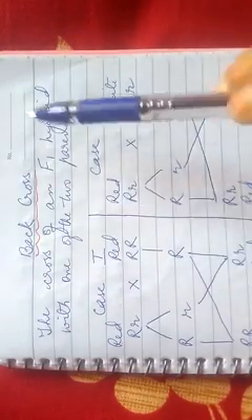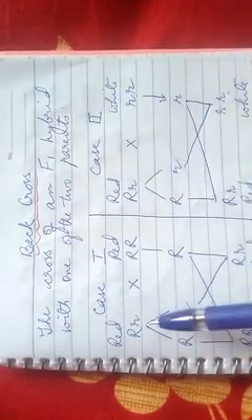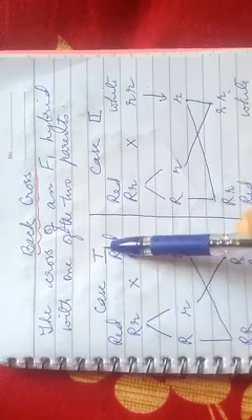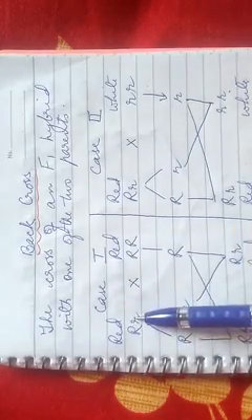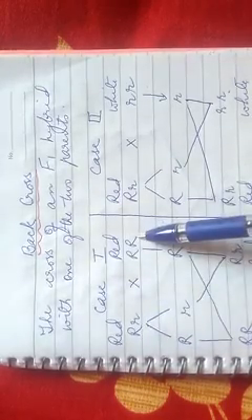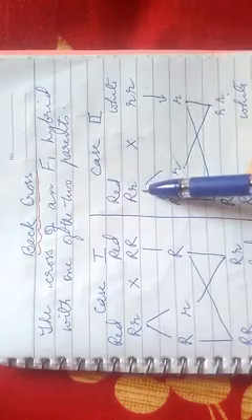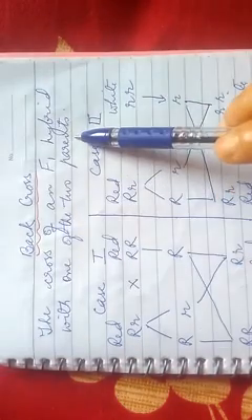Okay, so F1 hybrid means always it is going to be heterozygous. So in case 1 we will cross the F1 hybrid with its dominant parent, and in case 2 we will cross the F1 hybrid with its recessive parent. That is the definition of back cross, right?